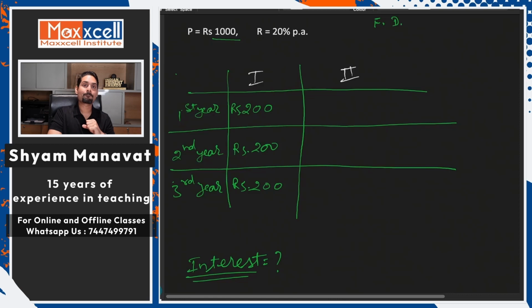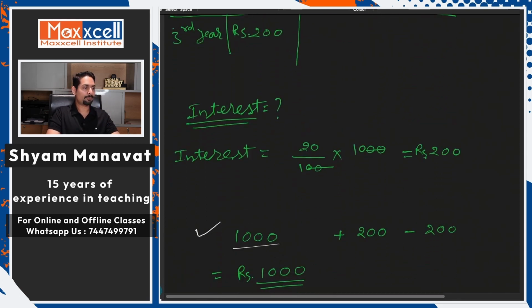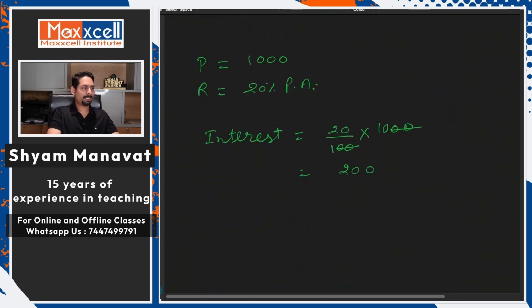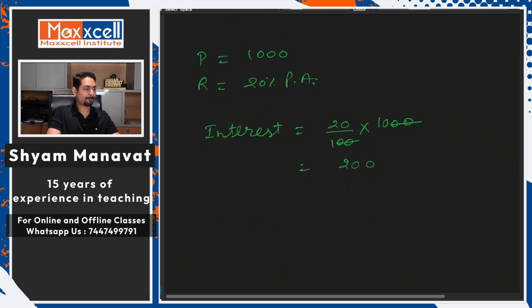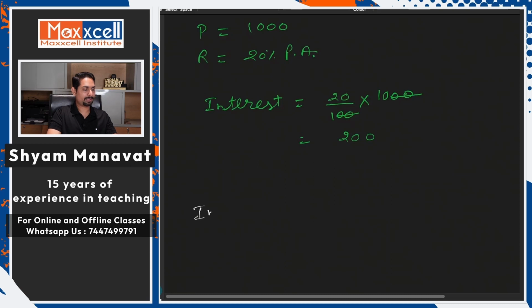So total 600 rupees as interest. Right? In 3 years, plural. Now if you see, every time I am calculating 20% on this principal, on this 1000, every year.